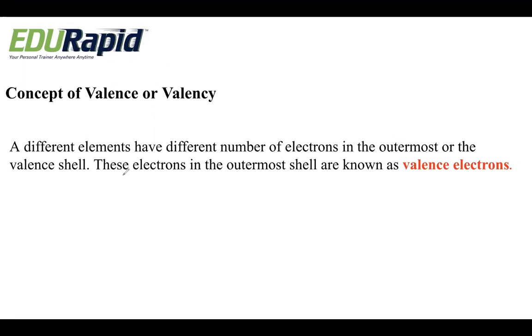As we saw in the first slide on electronic configuration, there are four important shells, K, L, M, N, each of which has subshells, that is s, p, d, f. The electrons present in the outermost shell are called valence electrons. I'll show you one small example.